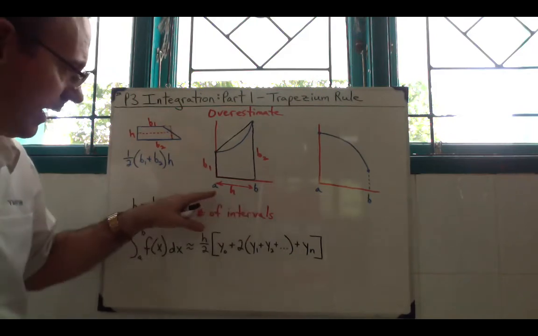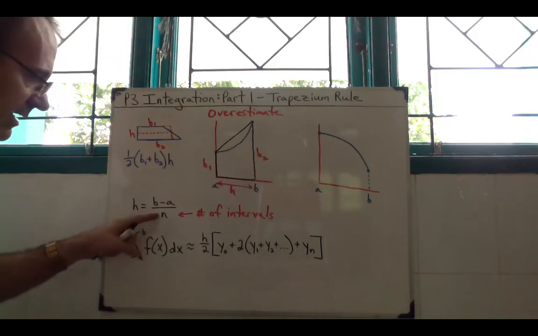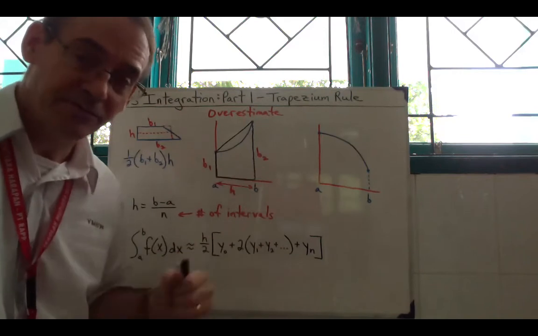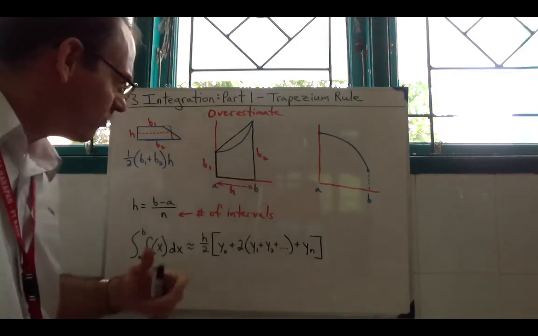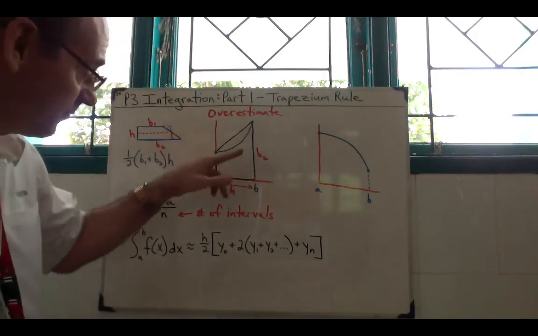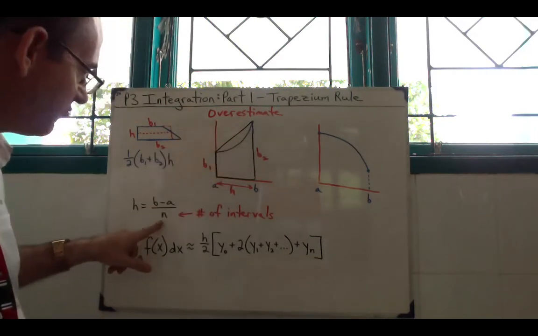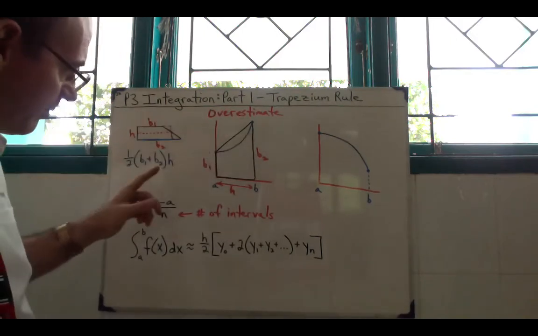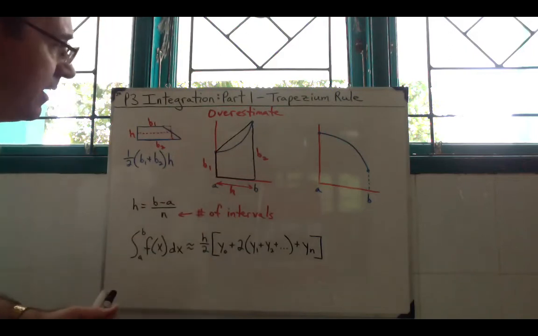The B minus the A, which gives you this length here, divided by N, where N is the number of intervals or the number of trapeziums that you're going to use in your diagram. Although you don't have to draw it, but mentally speaking, the number of trapeziums that you're going to use. So since right now we just have one trapezium, we take B minus A, that length divided by 1, that is our height. So we'll have numbers there.